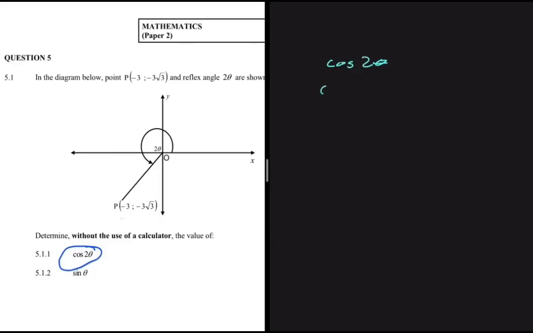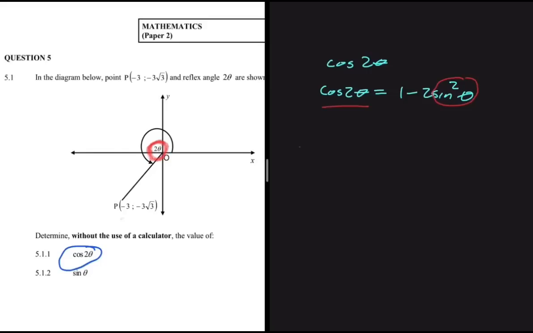I'm just going to say that cos of 2 theta is equals to 1 minus 2 sine of theta squared, right? So if I find sine of theta, then it will be easy to find cos of 2 theta. But when I looked at the question again, I realized that the reflex angle itself is cos of 2 theta. So for 5.1.1, I don't have to use a double angle identity, right?